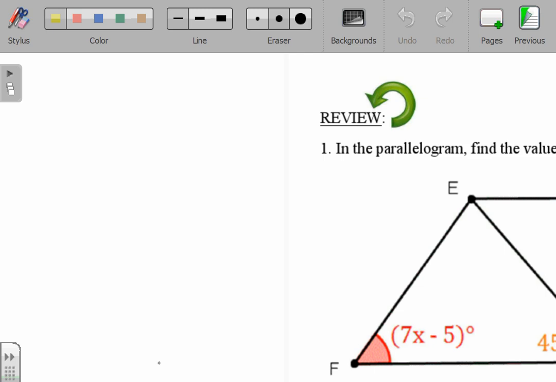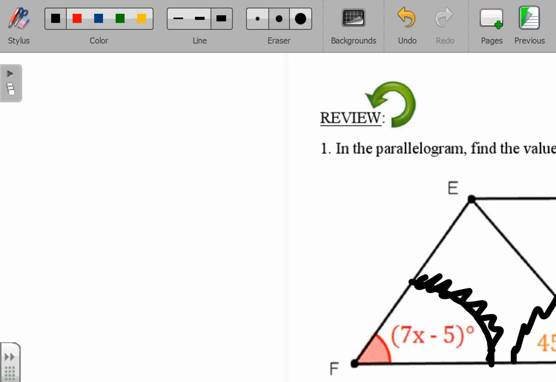Welcome back. So right here, first thing you want to do is, we know that opposite angles are congruent. The problem is we cannot make these equal because they're two different variables. So we have to use another property. Hopefully you remembered that these guys add up to 180.